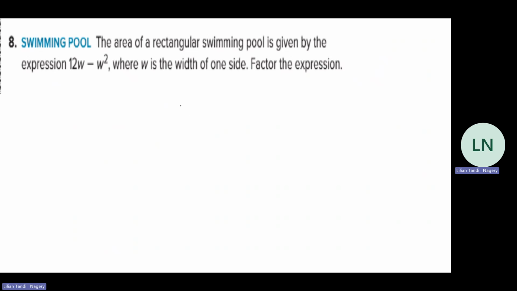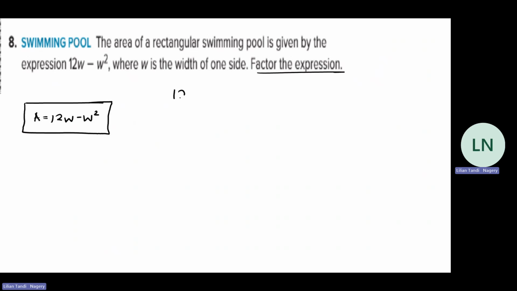The area of a rectangular swimming pool, draw it, is given by the expression 12w. So area equals 12w minus w squared, where w is the width of one side. So w is the width. Factor the expression.